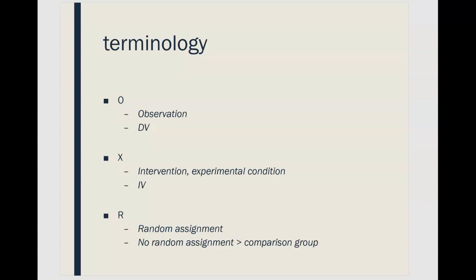If we don't have random assignment, then often we're looking at a comparison group, which in our high school example would be one school just maintaining status quo discipline and one high school doing restorative justice. So we're not randomly assigning anybody to anything. It's just the students at those two schools. We're going to compare these two groups in a way that lets us say restorative justice practices are helping with the suspension rate. So that's a quick intro to independent and dependent variables and some terminology.